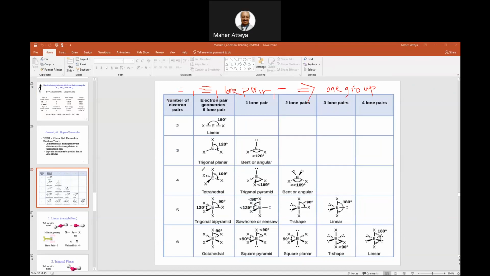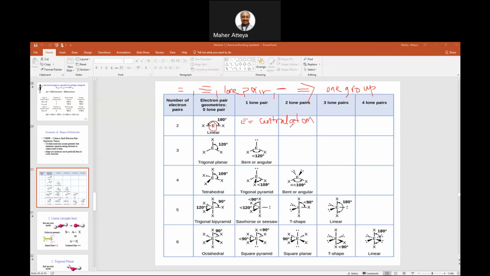So, for example, here I have E as my central atom. That's the core of the molecule itself.